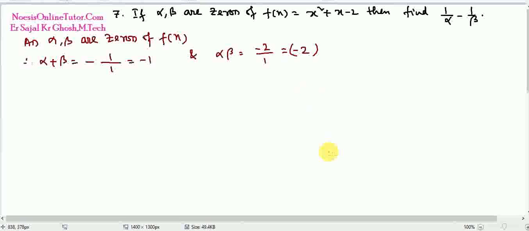Okay, here I got alpha plus beta and alpha beta, and now I have to calculate 1 by alpha minus 1 by beta.